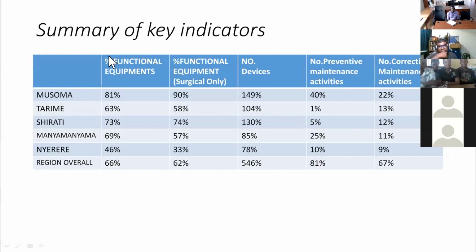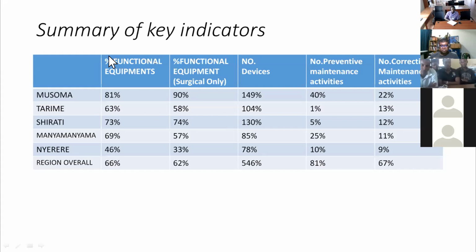The challenge with Nyerere, why it has lower readings, is because it has very old equipment. When you go to corrective maintenance on those machines, you won't find the spare parts, so there is nothing you can do to those machines. They are very old. They have to be changed.